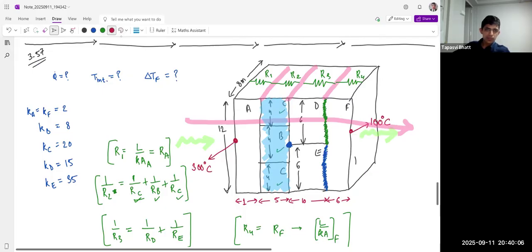Okay. Try to see only this part. Can I erase it? Okay.